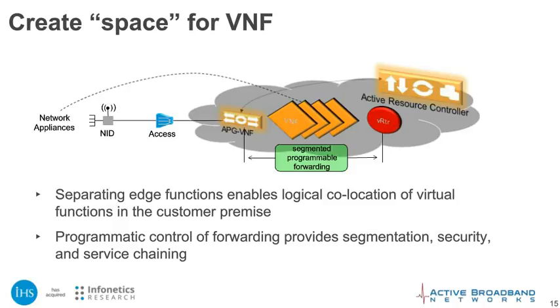And in fact, by separating out inside the virtualized BNG functionality, the edge functionality, and routing that's shared to connect to the network, we create a space in the cloud that is logically co-located with the customer premise. And so now we can grab this enterprise virtual router, put it inside the cloud, and use edge programming to steer traffic to that particular instance.